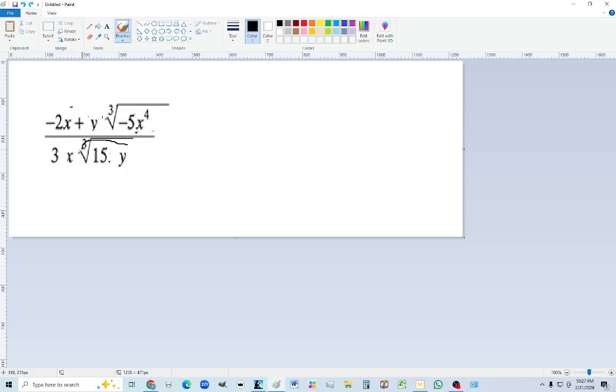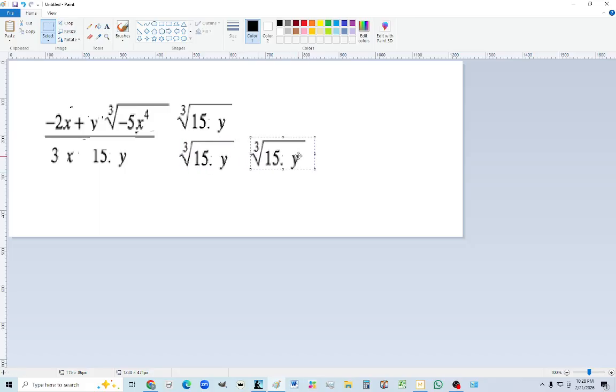So we have to get rid of this radical. So we're going to multiply top and bottom by it. Okay. At the bottom, it simply disappears. That's why we're doing it. Oh, we have to do it twice. Yeah, twice because it's a cube root.